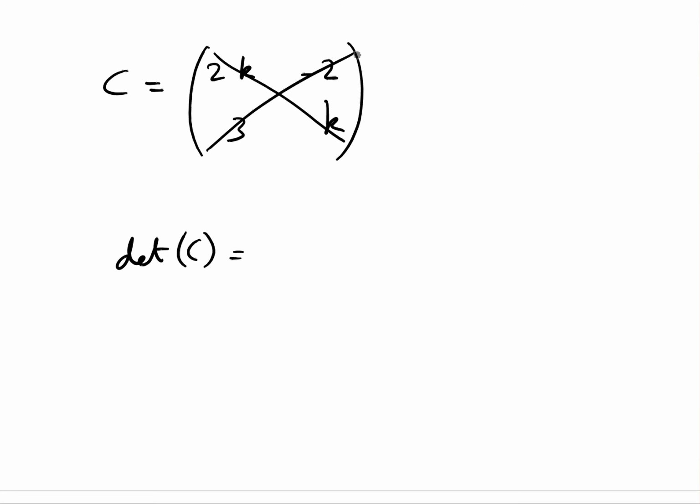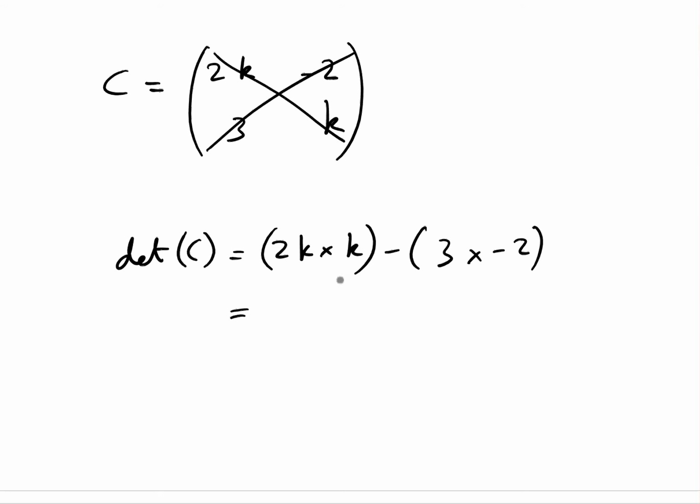It's a bit like multiplication. So you multiply the 2k by the k, and then you take away this by this. It's 3 multiplied by minus 2. So take away 3 times minus 2.